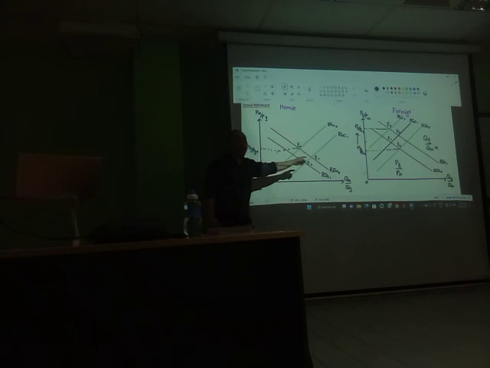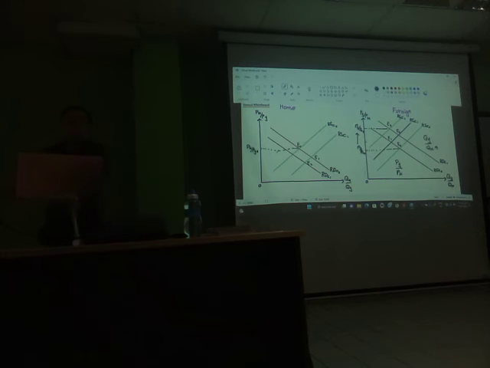The reason I construct this table is because we have 4 scenarios. The first one is A, for country A, capital stock increases, and B, for country A, also labor supply increases.